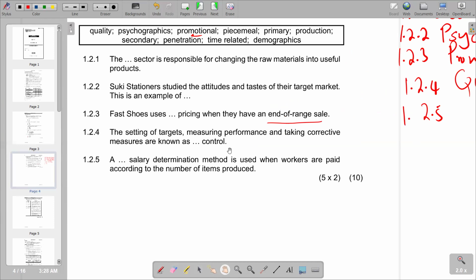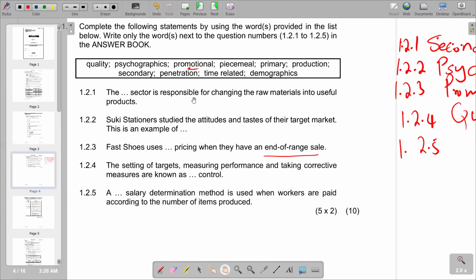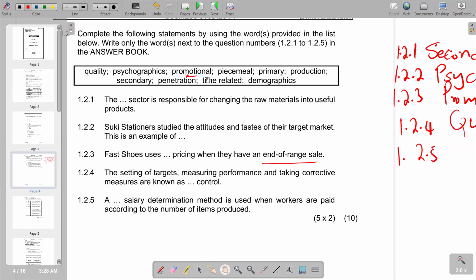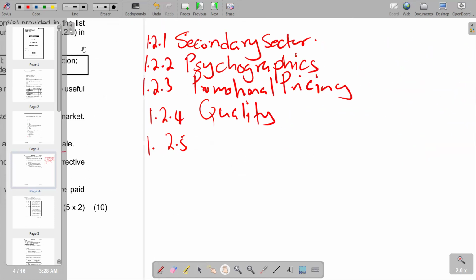According to the responses, we have piecemeal, which is the same as saying piece rate. This is another term that we have for piece rate. So we have piecemeal as the correct response. This becomes the correct response for the last part here.